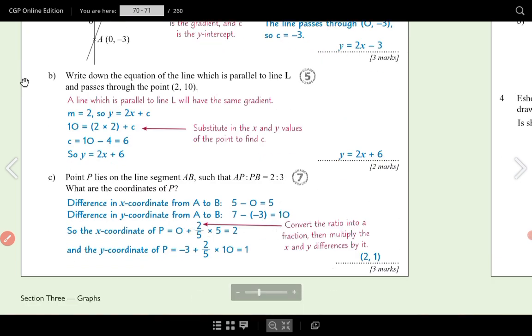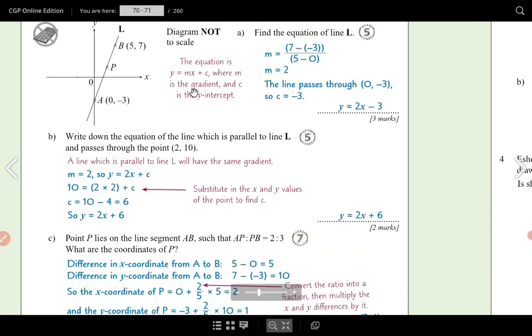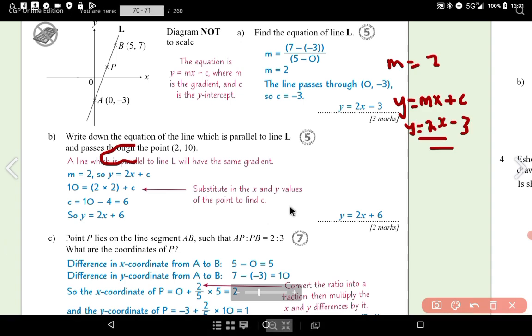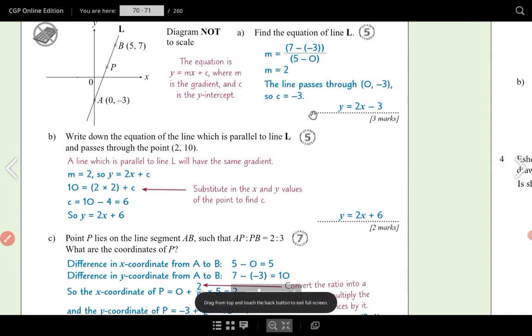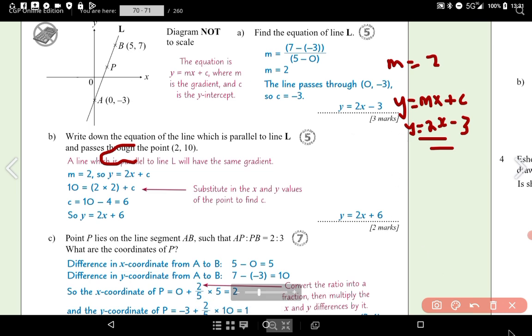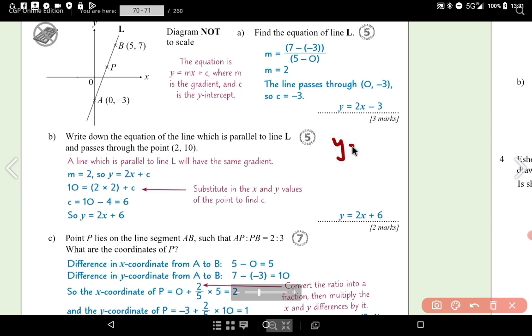Another one here: write down the equation of the line which is parallel to line L and passes through this point. Sure, we can do this. So line L, we've already found it to be y is equal to 2x minus 3.